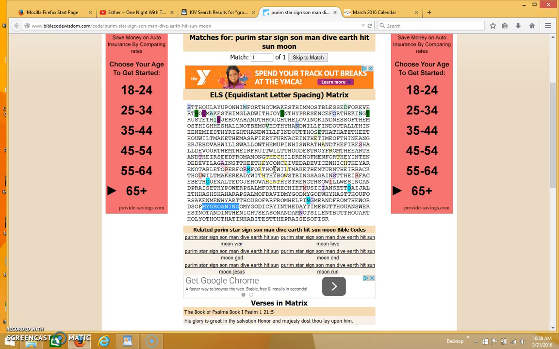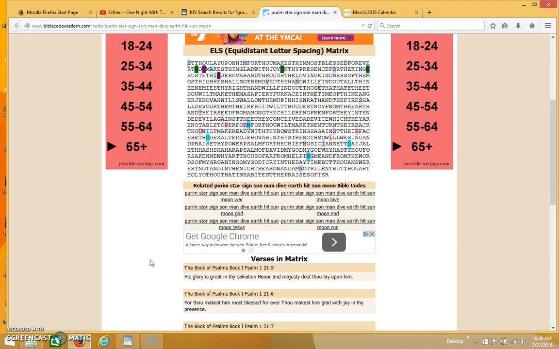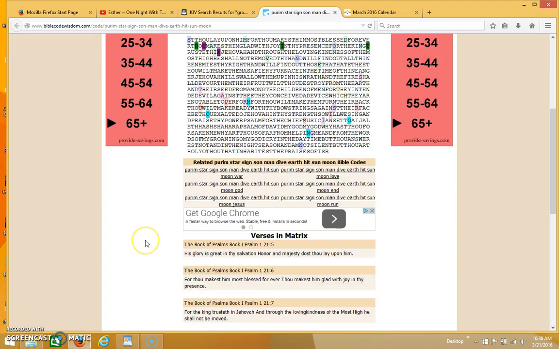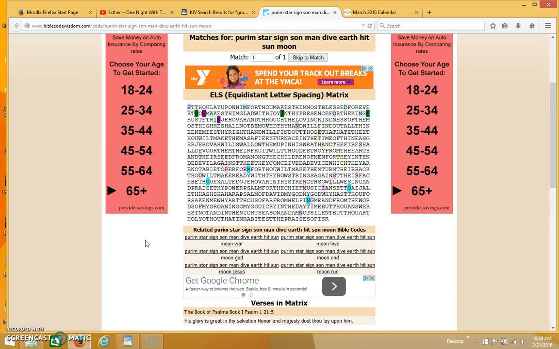It's really interesting that this comes up in Psalm 21 and 22, because this is all about devising an evil plan. And of course we know with the first Purim, they had devised an evil plan, or Haman, which was a prototype of the Antichrist, had devised an evil plan to exterminate all the Jews.